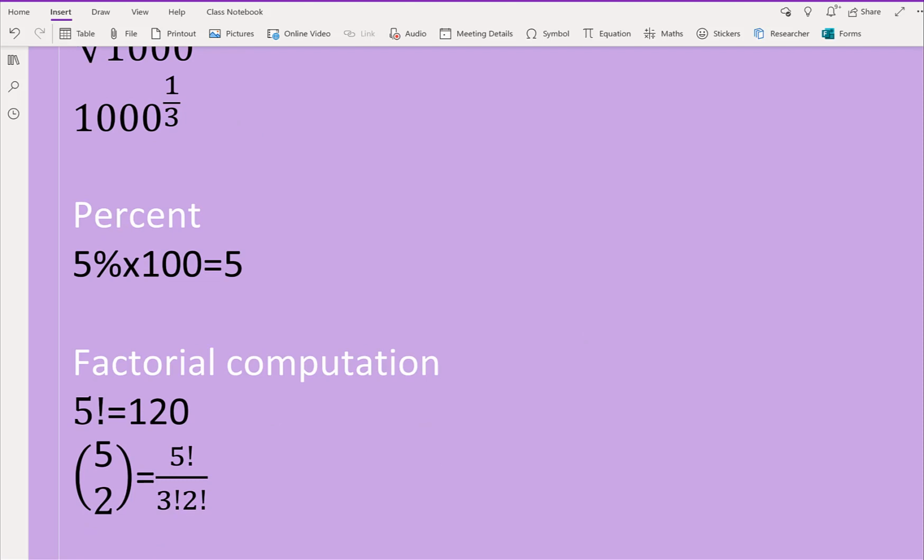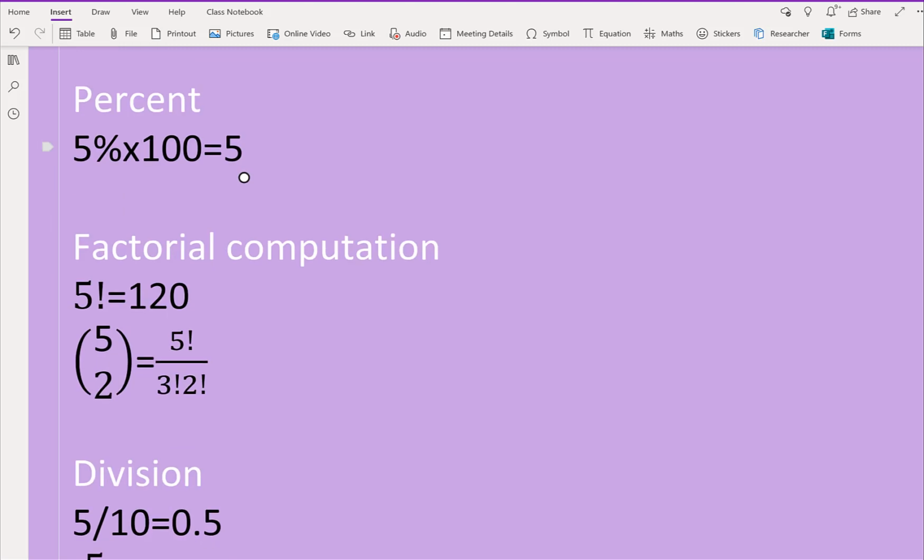For percent, you can just simply type this typical percentage sign to get the calculation done for you. With factorial, again, you use the exclamation mark. Now let's say I want to work out the coefficient of a binomial distribution, and I want to find 5C2.